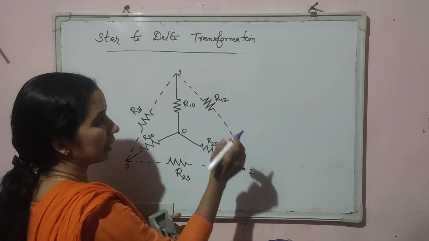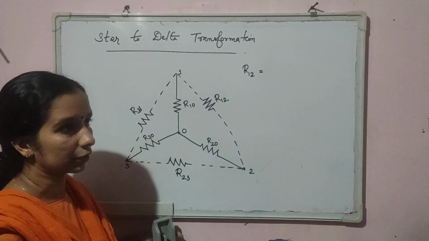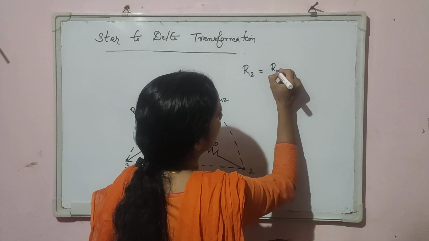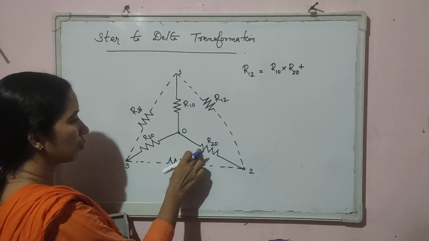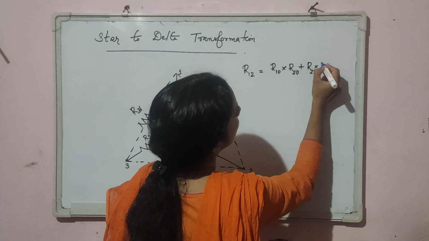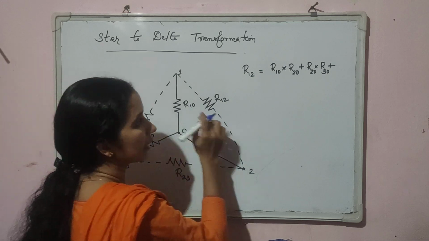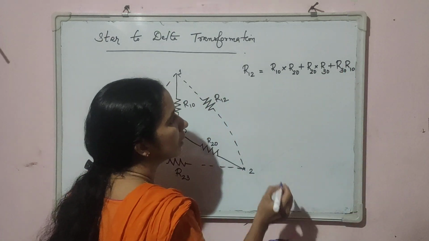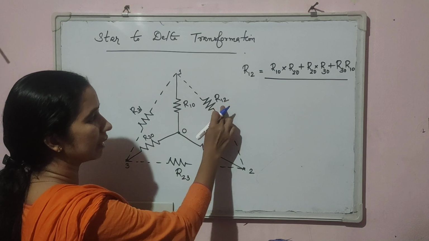So first the resistor R12. R12 is equal to R10 into R20 plus R20 into R30 plus R30 into R10, divided by, we are calculating R12.